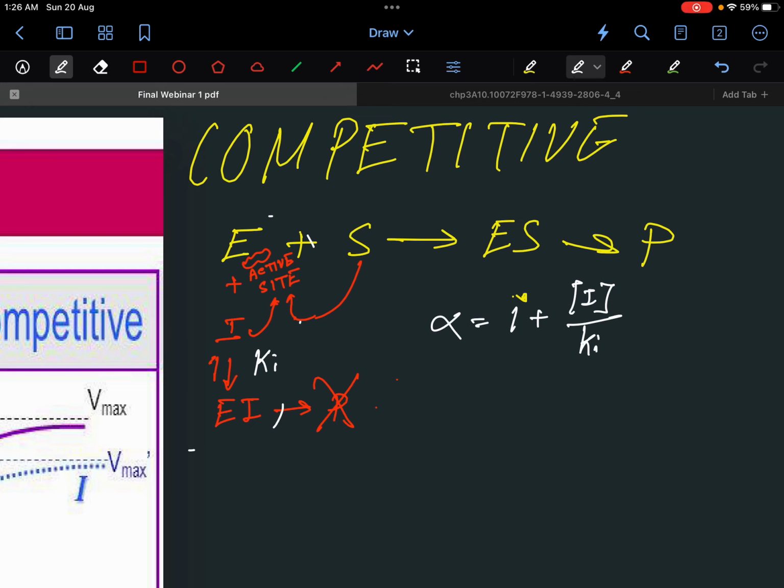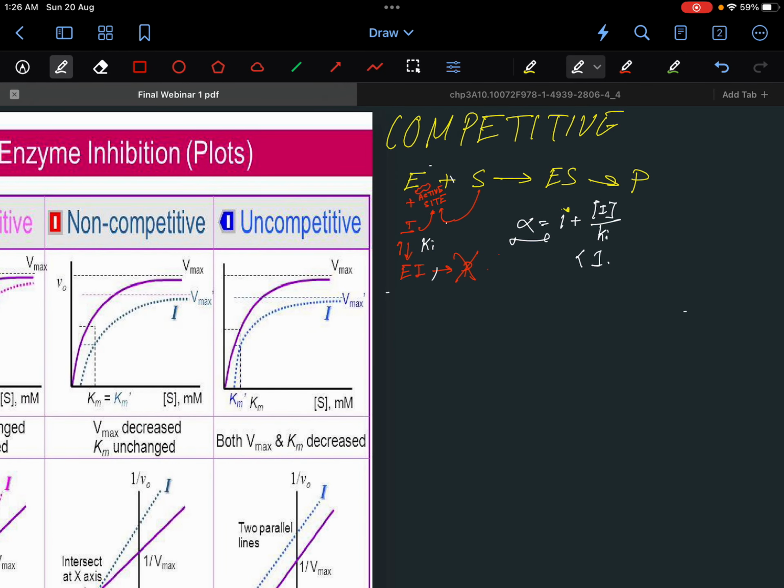The main concept of alpha is that it is never less than 1. You will also learn this in the Lotka-Volterra model of inhibition. Maybe I will teach it sometime, but the point is alpha is 1 plus I by Ki, and it is never less than 1. So in competitive inhibition, the inhibitor competes for the active site binding of the enzyme.